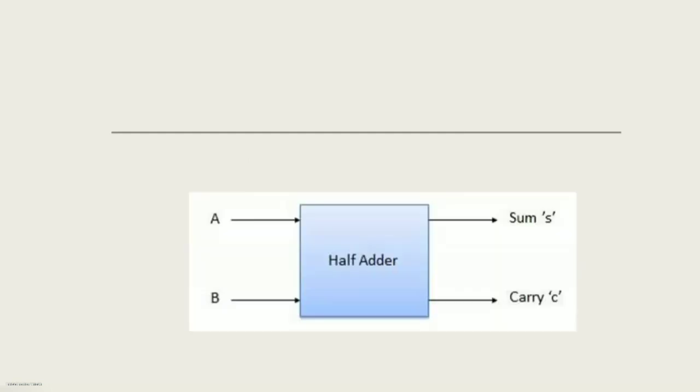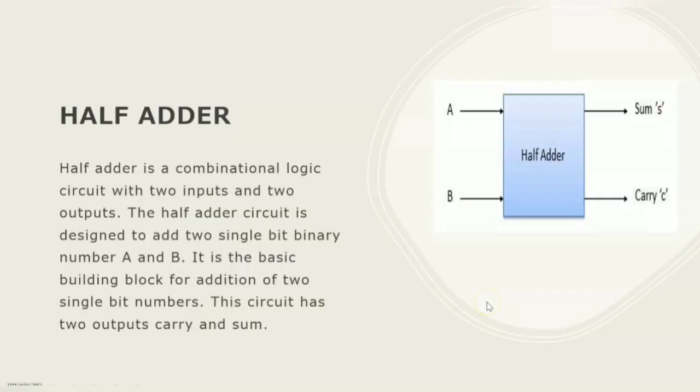Let us discuss the adders. First is the half adder. This is the circuit diagram of a half adder. There are two inputs, A and B, and there is a sum and also a carry. A half adder is a combinational circuit which takes two inputs and gives two outputs. It is designed to add two single bit binary numbers.